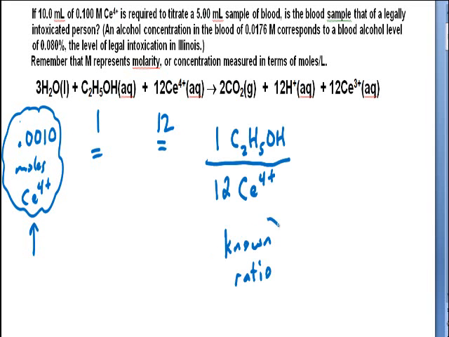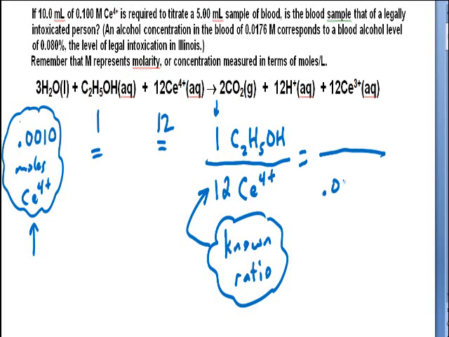The balanced equation gives us our known ratio that we have for the alcohol and Ce4+ ions. The equation tells us that one alcohol molecule will react with 12 Ce4+. We don't have 12 Ce4+, we have 0.0010 Ce4+.